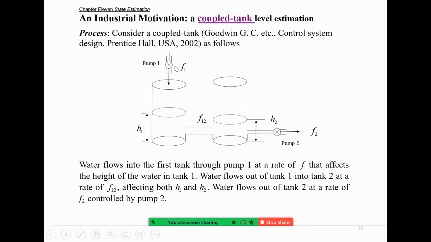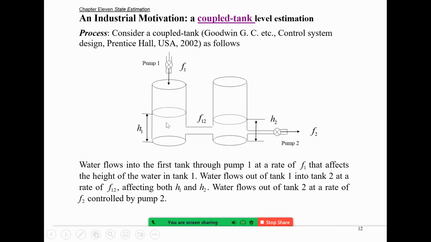You have a pump, and you can control the flow rate into the first tank. There is another pump, and you can control the flow rate out of the second tank. The first tank and the second tank are connected at the bottom, so the liquid can flow from the first tank to the second tank. Those flow rates will be the input, and the two water levels, H1 and H2, are the state variables. That's what is observed for this problem.